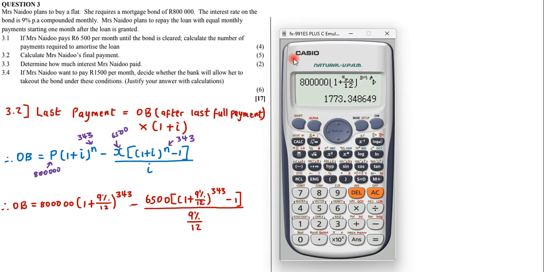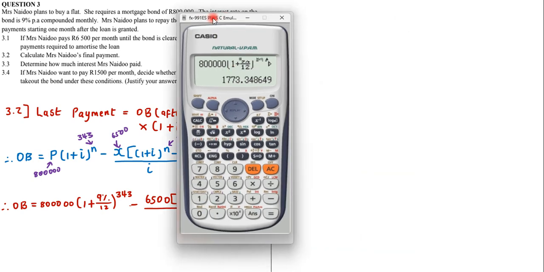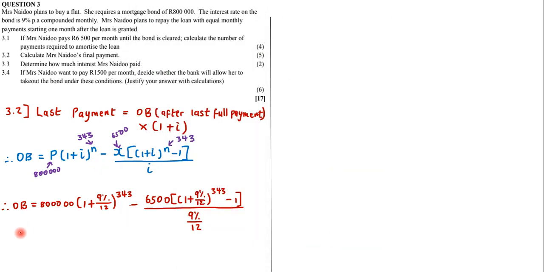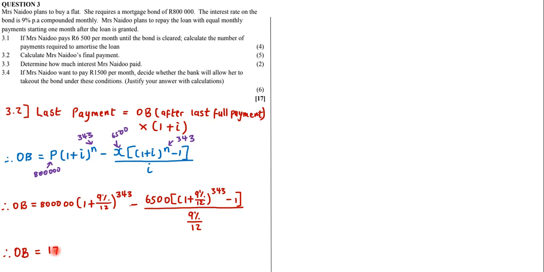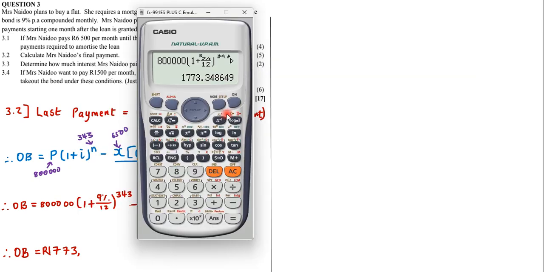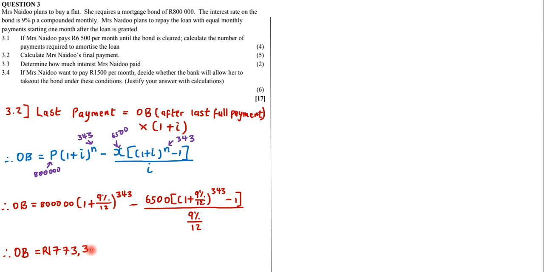This gives us this amount here, so you take exactly that amount and write it down. Therefore the outstanding balance is going to be equal to 1773,486.49. All right, so that is going to be our outstanding balance.